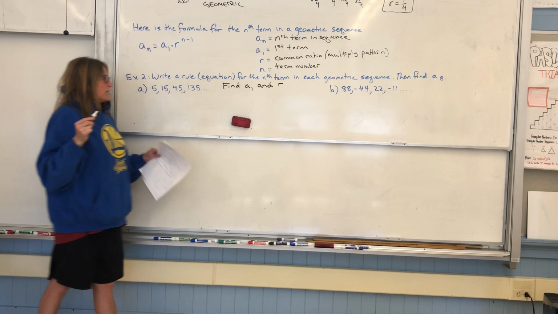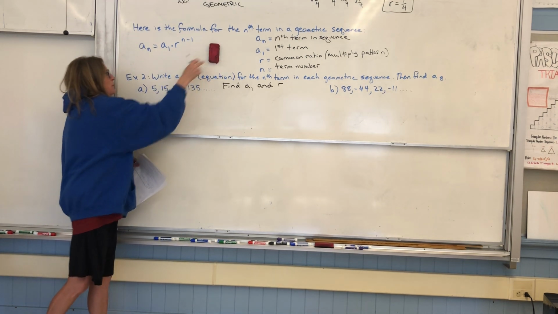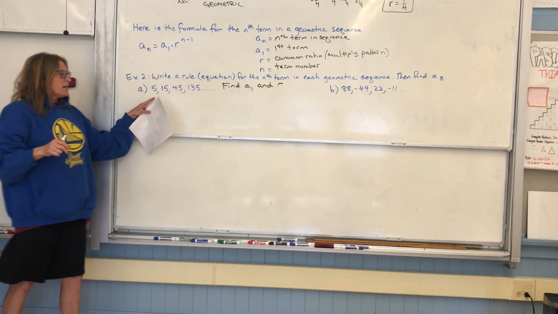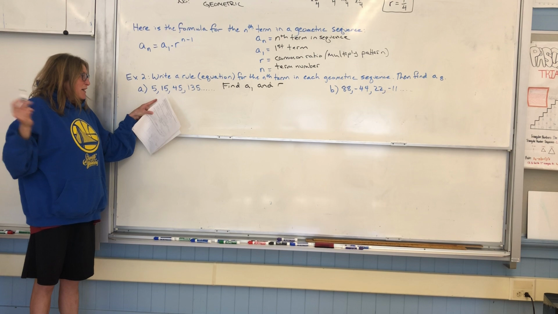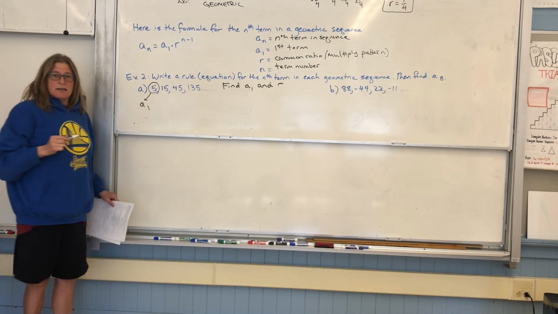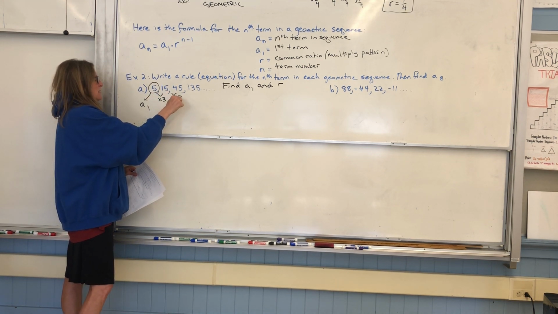So what we're going to do, each example is going to become a little bit harder. In the very beginning, it's going to be really obvious to find A1 and R. Like here, right, guys? We can find A1. Well, there's A1 right there. And R is just the multiply pattern. So it looks like, to me, this is times 3.